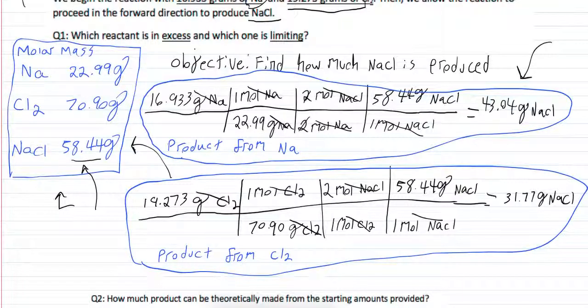But we didn't know that this answer was a bad answer until we compared both. So look back down here. We got 31.77 grams of NaCl from Cl2. So Cl2 limits what we can make, so Cl2 is limiting. So mark it here. Limiting. By the process of elimination, we know that Na must be excess.